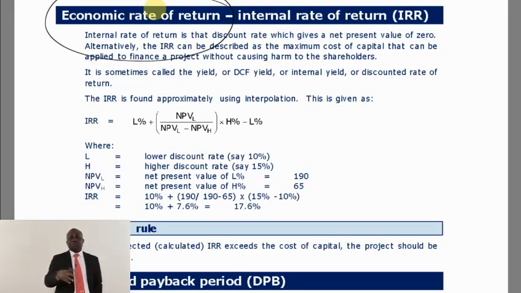So if you would have to explain it to a layman, how will you explain that internal rate of return? Okay, when you would have to undertake the project, you have to finance it. And by financing the project, you would have to incur a cost of capital, because the person going to give you the money to finance the project is not giving it to you for free. That person is supposed to demand a return from you. And that return, you will see it as what? A cost.